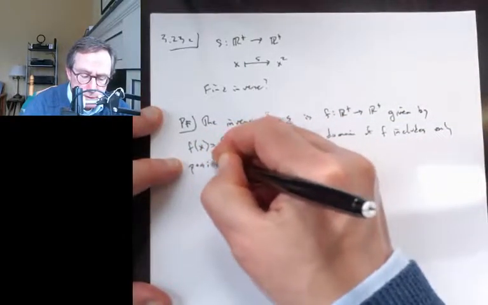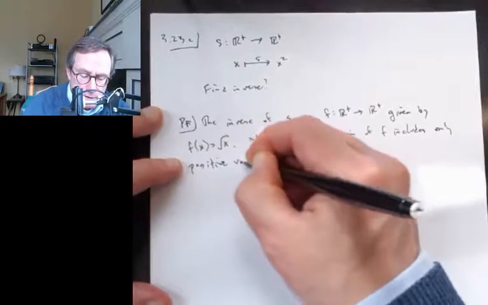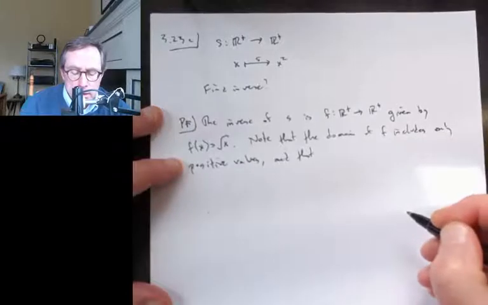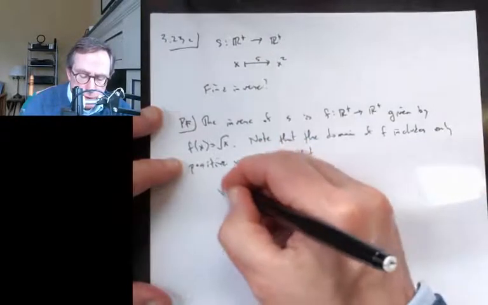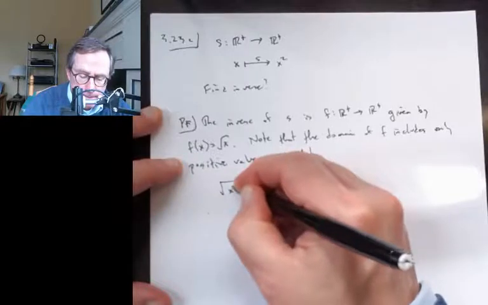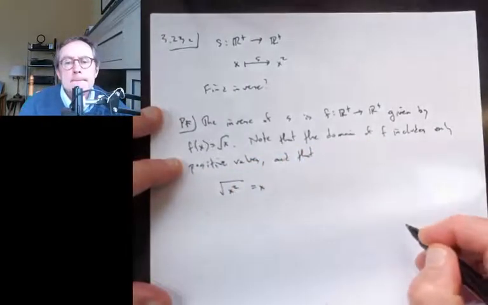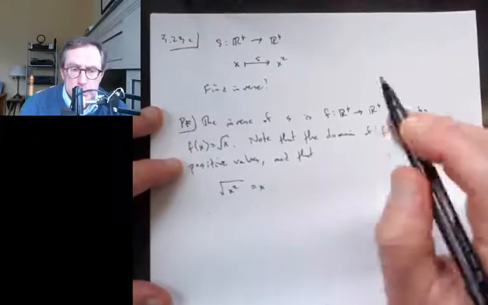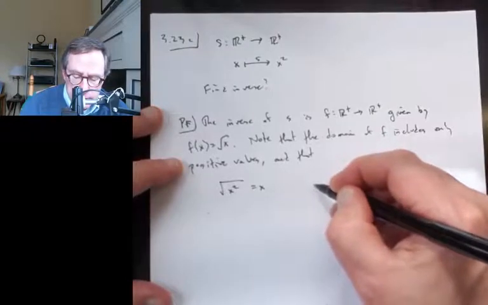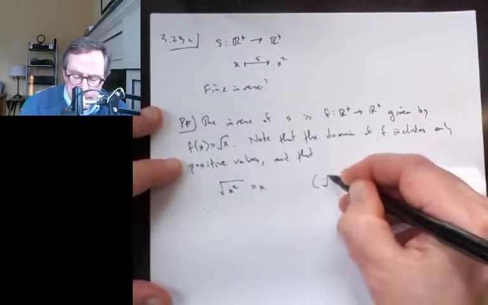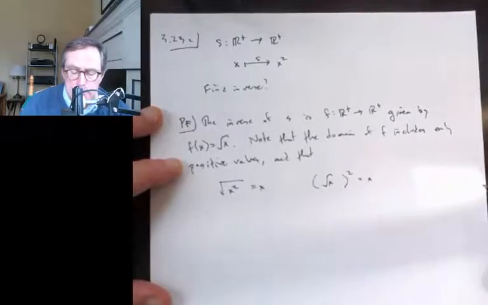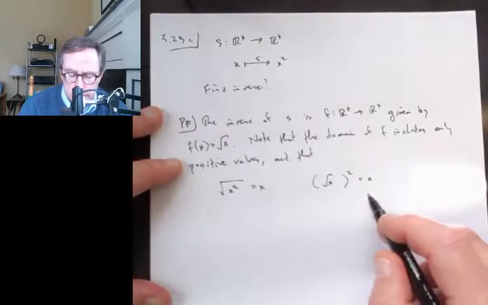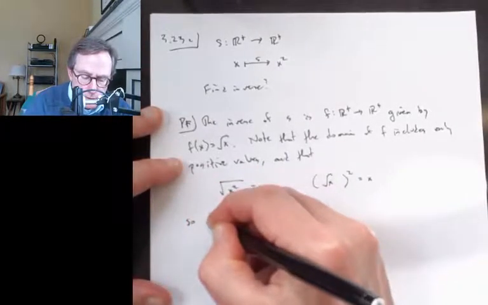And that if you take the square root of the square, that one's not going to work for negatives, but there are no negatives, as well as if you take the square of the square root. Okay, that one would work for both directions. So it is a two-sided inverse.